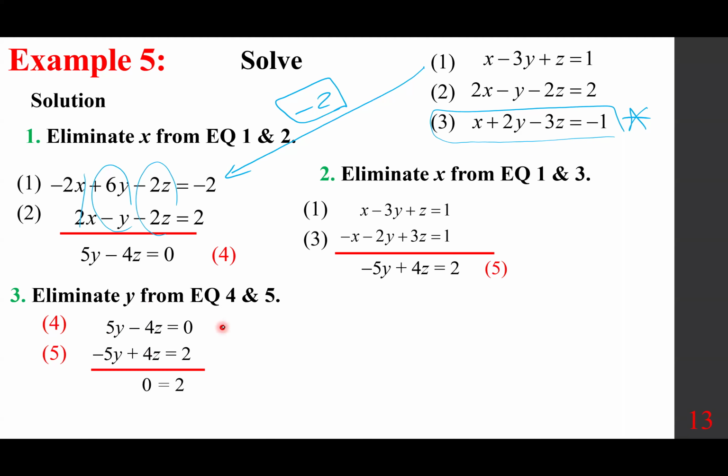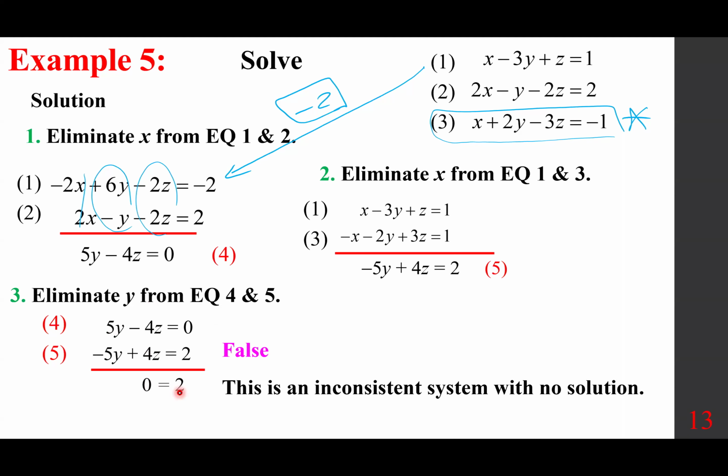So what you're dealing with is 0 equals 2, which is a false statement. That makes it an inconsistent system with no solution. On the other hand, if it was an identity, it would make it a true statement, and a dependent system with infinitely many solutions. That's how things work, everybody.